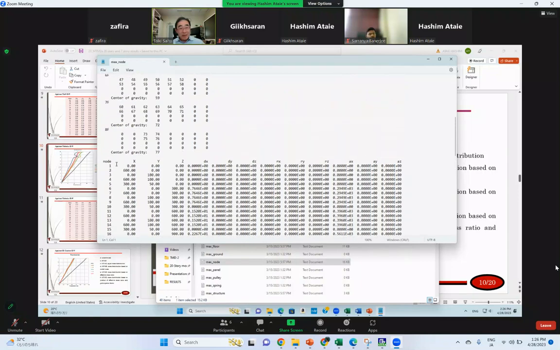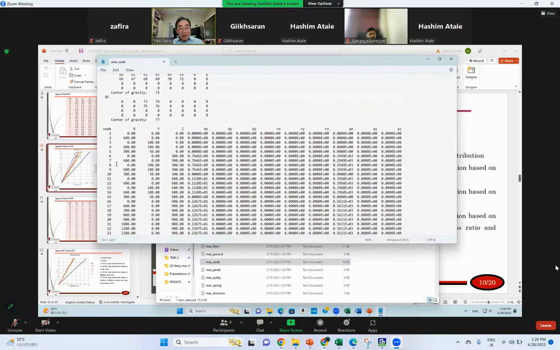Go up. Stop. So I think this is deformation X, deformation Y, deformation Z. So this is deformation, and this is rotation. And this is acceleration. So if you want to know deformation, you should check dx. If you want to know acceleration, you should check ddx on each node, from node 1 to I don't know how many.